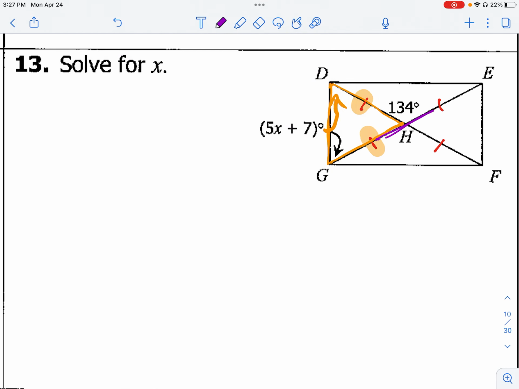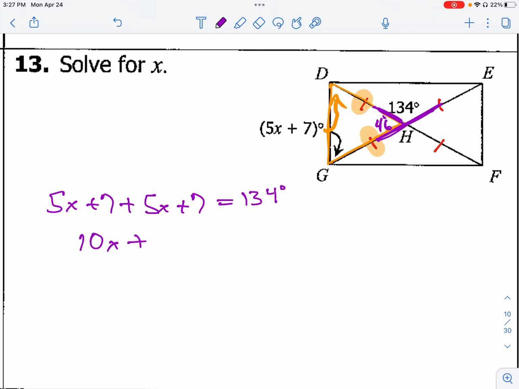We also know that right here we have a linear pair. So 180 minus 134 equals 46. So 5x plus 7 plus 5x plus 7 have to equal 134 degrees.